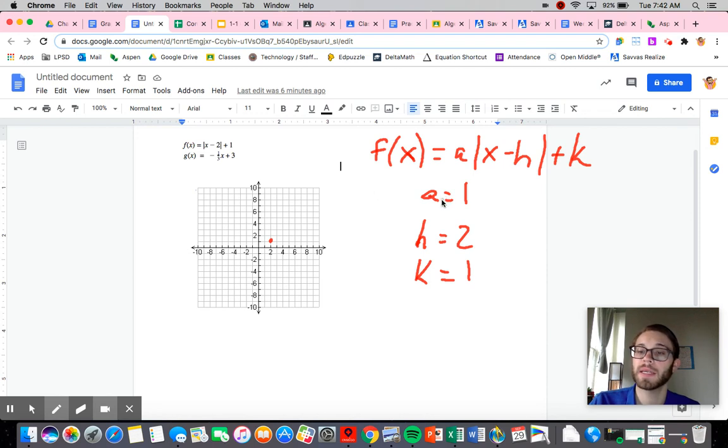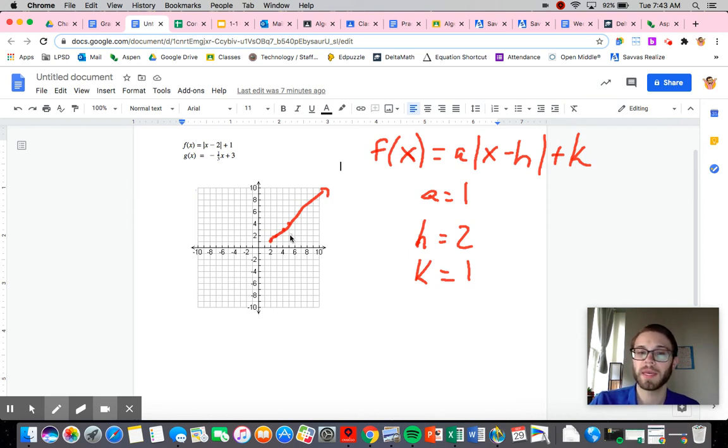And as I said, because a is 1, we're treating this like the slope, so it's up 1 to the right one, up 1 to the right one, up 1 to the right one. All right, and there's that half. And then we would do the same thing on the other side, except we'd go up 1 to the left one, up 1 to the left one.